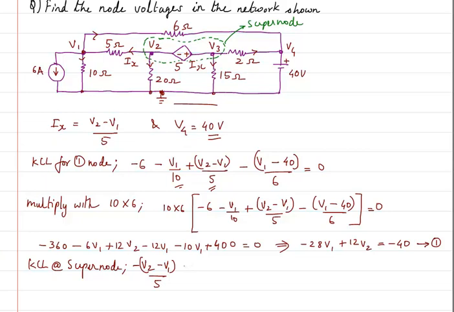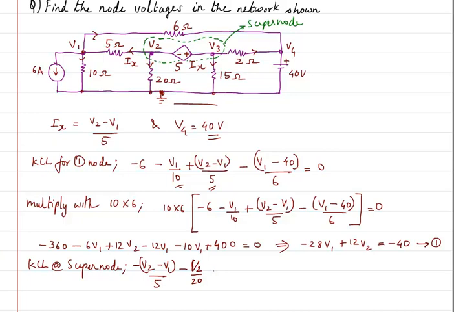Okay, so minus of V2 minus V1 by 5, that is the first outgoing current. The second outgoing current is minus of V2 by 20, that is this one going down, isn't it? So let me write it properly. It is going to be minus of V2 by 20, that is the second one.